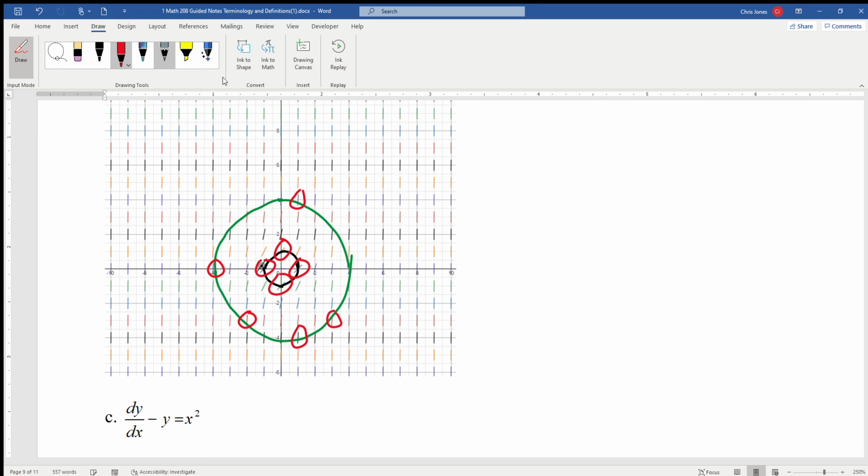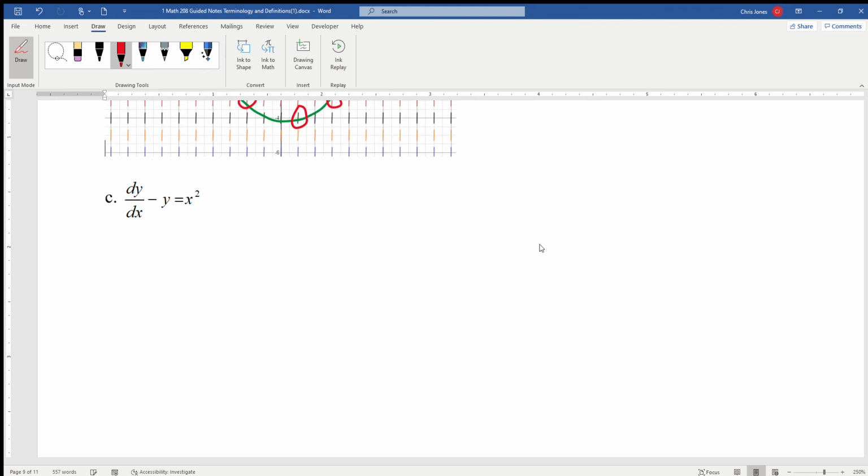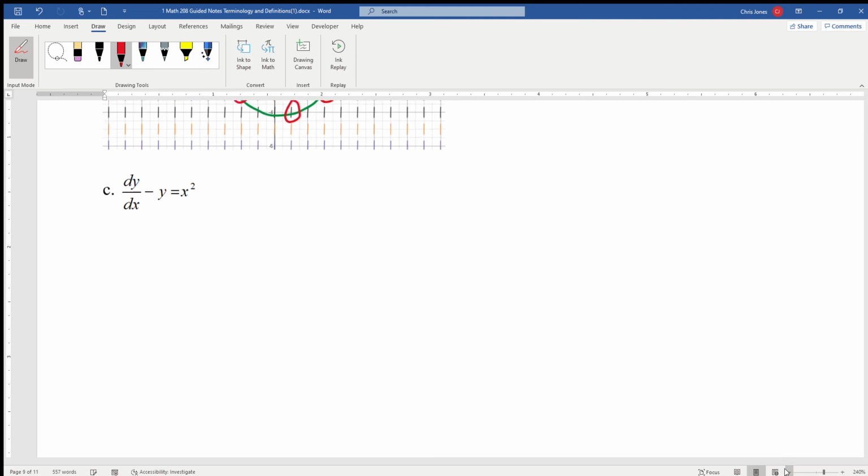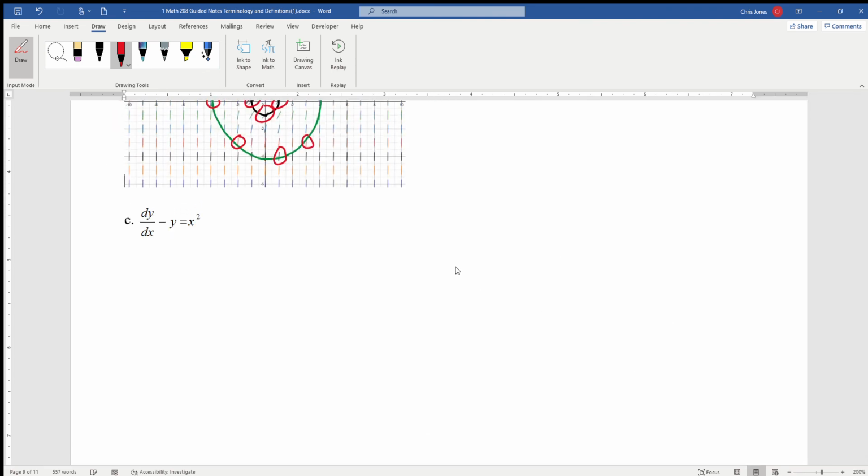One final example. Let me give you a quadratic example of this. We have dy/dx minus y is equal to x squared. So we're going to say c is equal to dy/dx, so c minus y is equal to x squared.